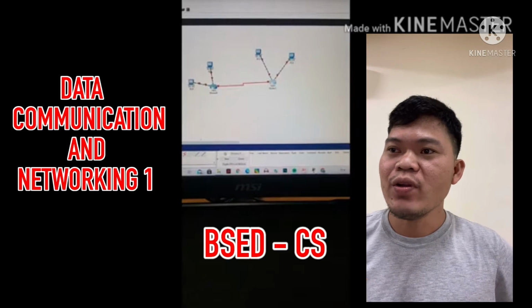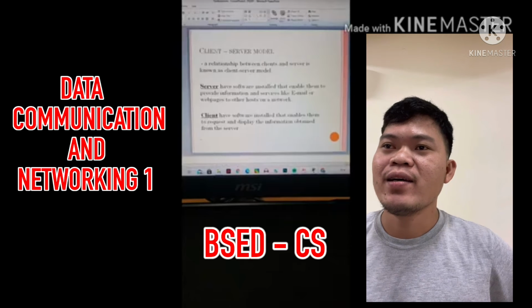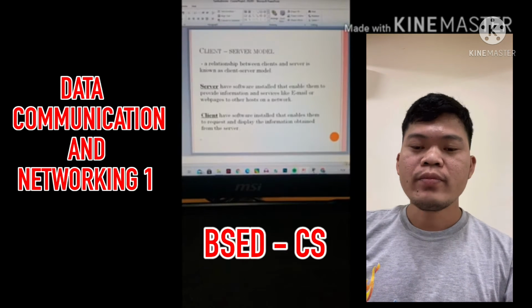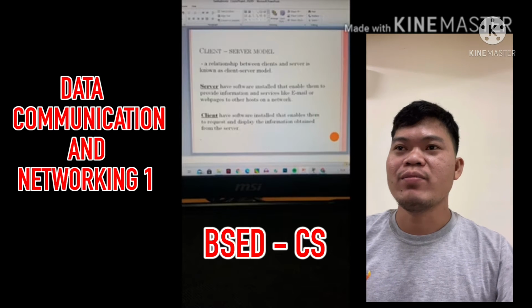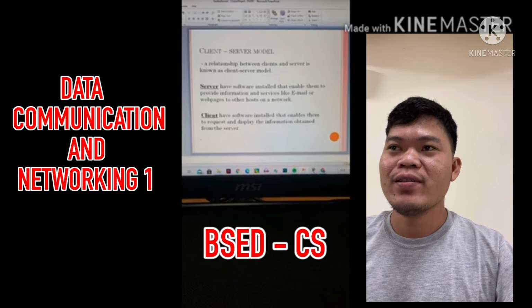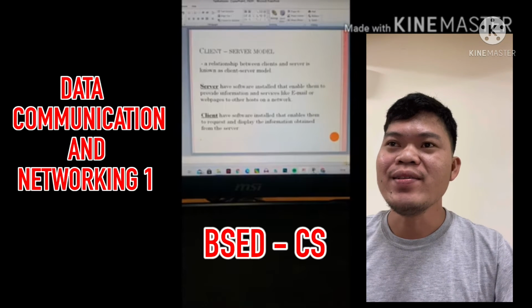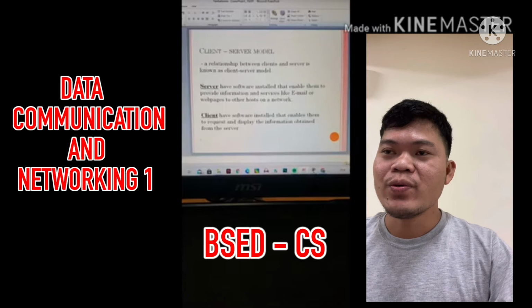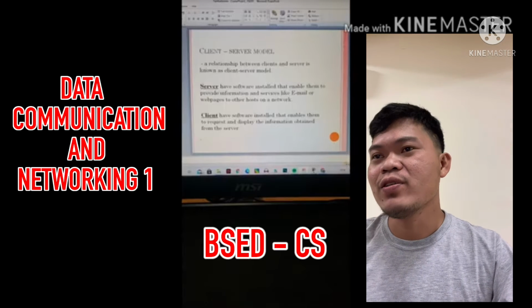Now let's proceed to the next topic. We have the client-server model. Alright, so what is this client-server model? It is a relationship between clients and servers. So we have the server. What do you mean by server?